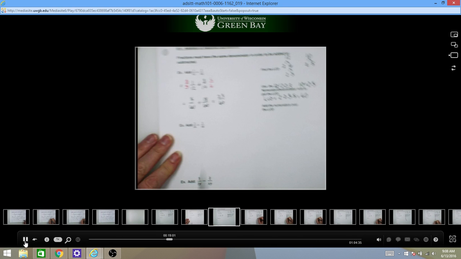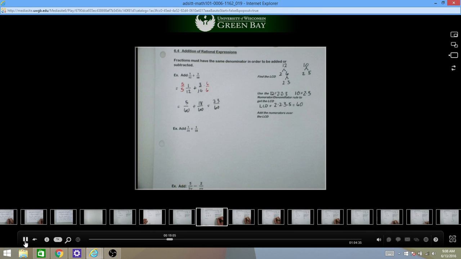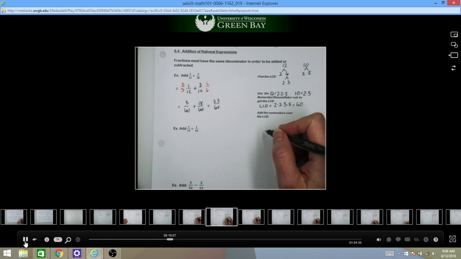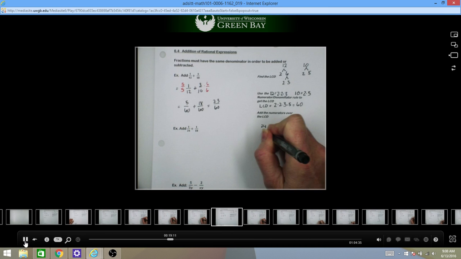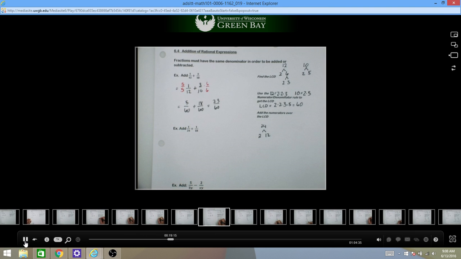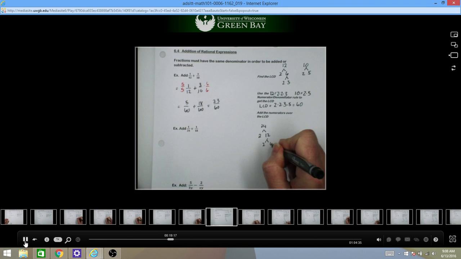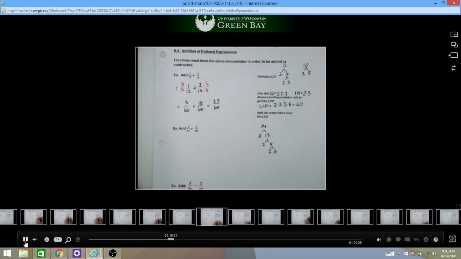So we were looking at the prime factorization method of finding the least common denominator. So we take the 24 and factor it. 24 is even, so it's 2 times 12. 12 is even, so it's 2 times 6. 6 is even, it's 2 times 3. So the prime factorization of 24 is 2 times 2 times 2 times 3.